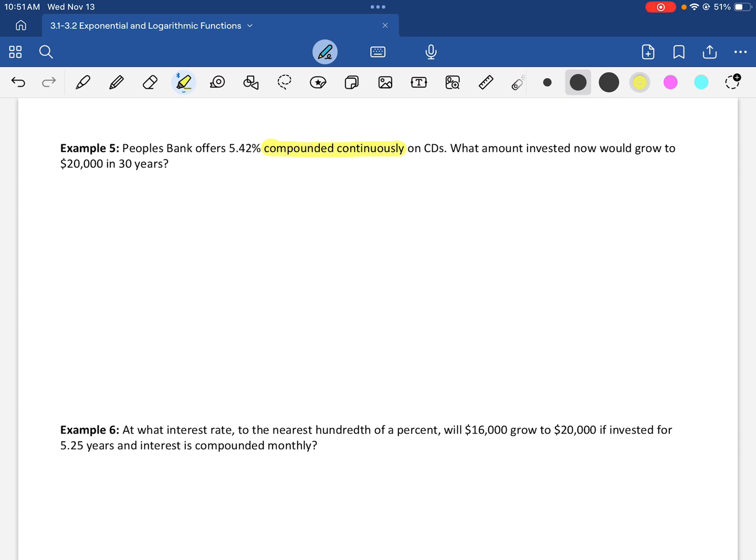So compounded continuously tells us that we are using that A equals P e to the rt formula. This is going to be our rate, the 5.42, but again, we do have to change that to a decimal, not a percent. So we're going to go 1, 2. So our rate is going to be 0.0542.